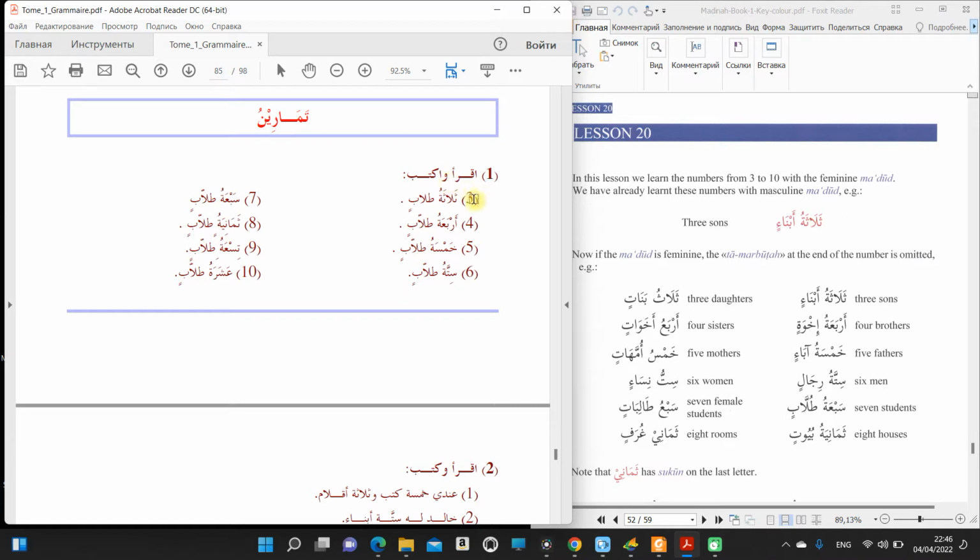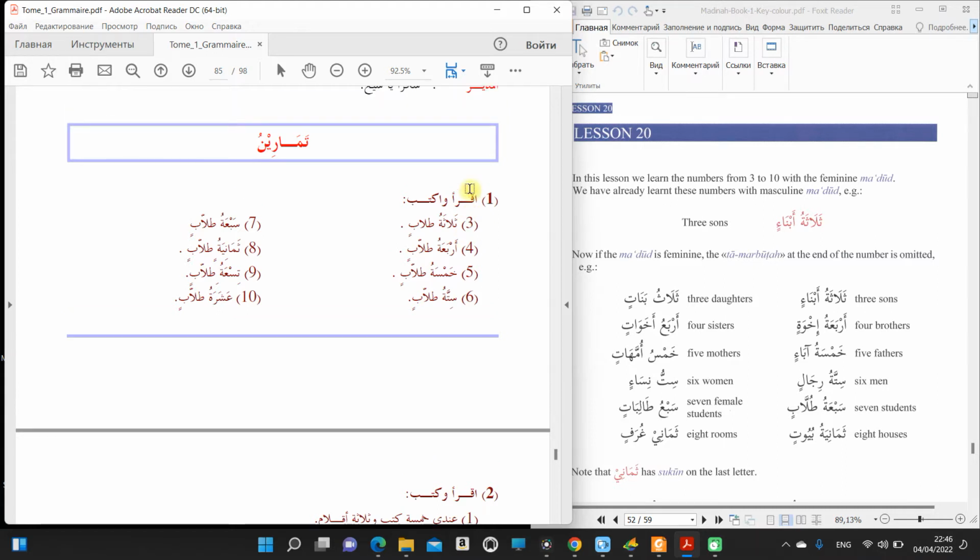In the last lesson, which was the 19th lesson, we learned the numbers from 3 to 10 with the masculine ma'dud. Ma'dud is something that is numbered, that is counted, and in this case, it is masculine. And we learned the numbers with the masculine ma'dud.